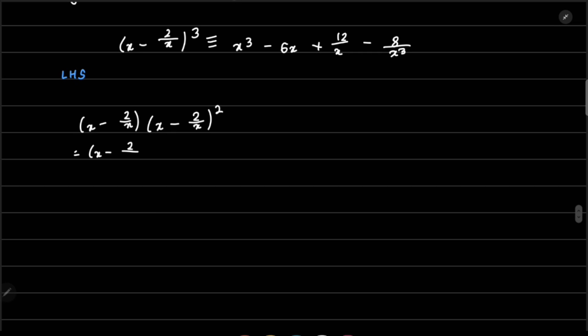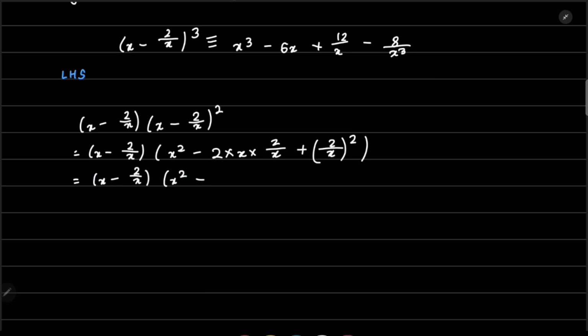So we can write this as (x minus 2 by x) times x square minus 2 into x into 2 by x plus (2 by x) whole square. This is (x minus 2 by x) times (x square minus 4 plus 4 by x square).